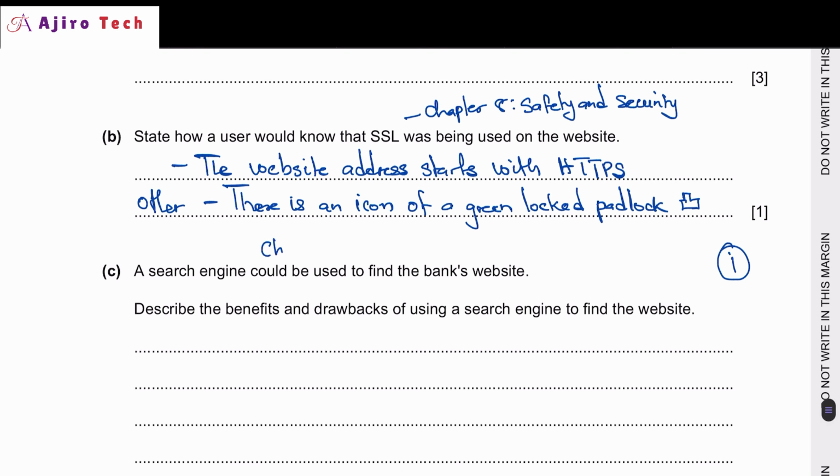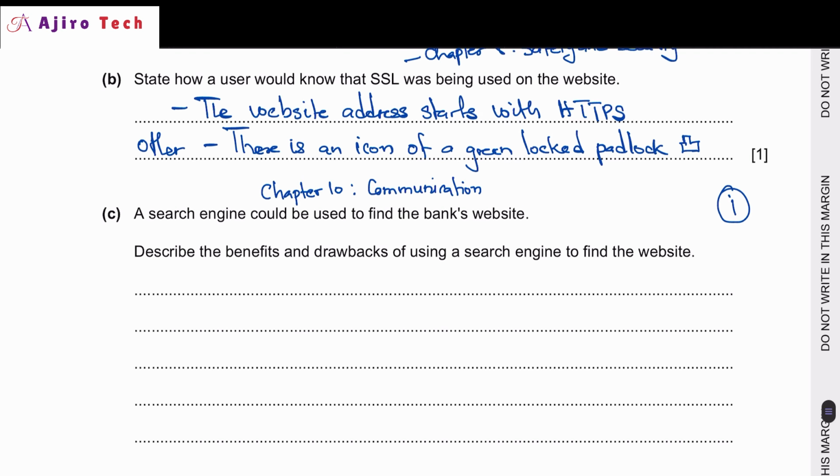This is chapter 10, communication. To be used to find the bank website. Describe the benefit and drawbacks of using a search engine to find the website.